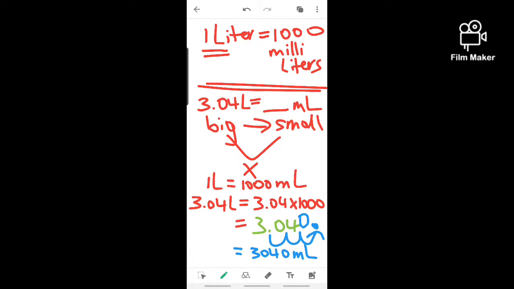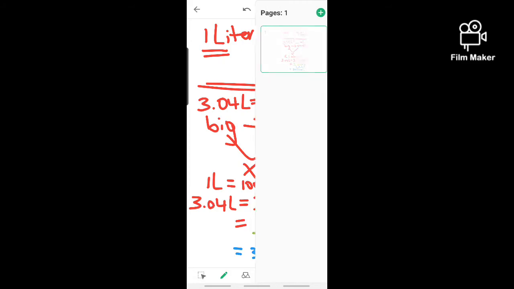Now let's look at another example. But this time we're going to look from a small unit to a big unit. So let's say we had something like 84 milliliters to liters.